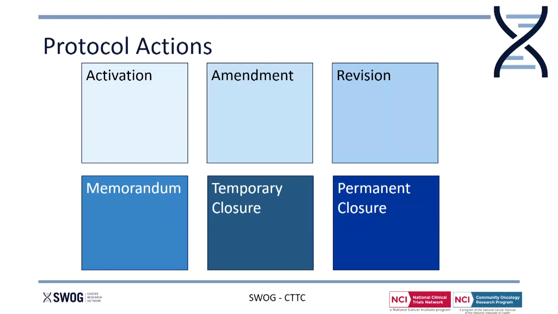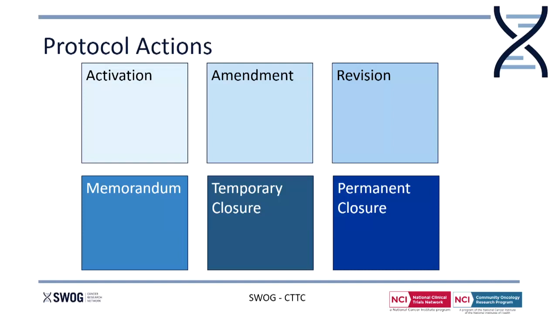And then you'll also see temporary and permanent closures. A temporary closure can be built into the design of a study. And so it could be something like on a phase 2 study where we have 2 stages. And if we see a response in the first 15 patients, then we'll reactivate it for the next 15 patients.